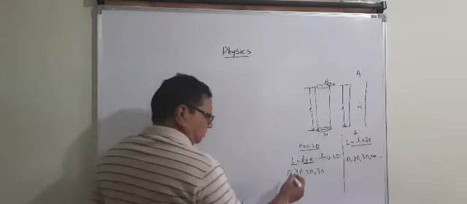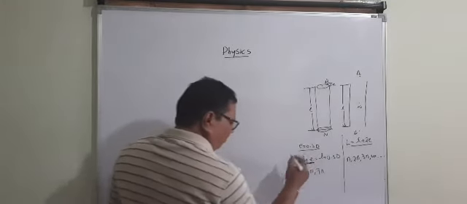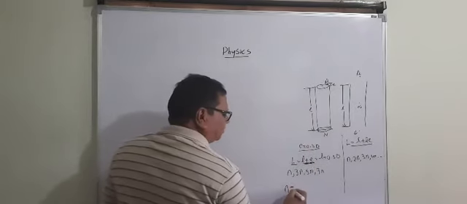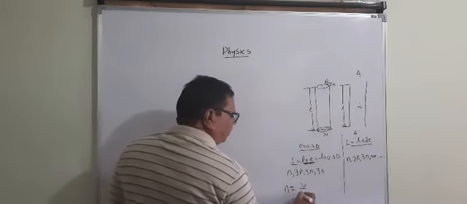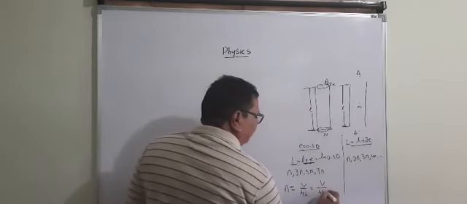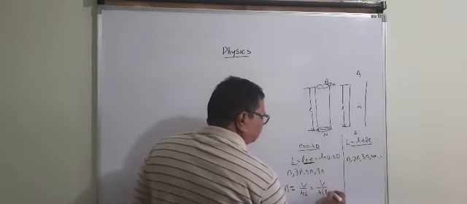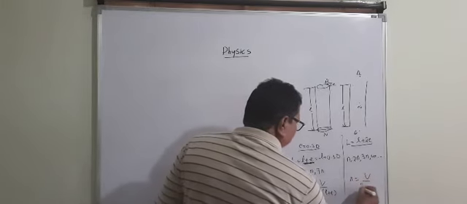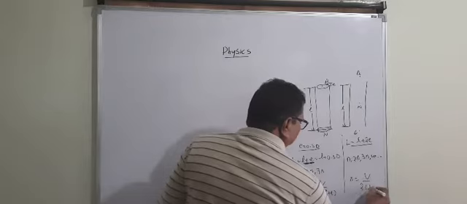The fundamental frequency in the case of closed pipe is given by n is equal to v upon 4L, which is equal to v upon 4 into small l plus e. In this case, n is equal to v upon 2 into small l plus 2e.